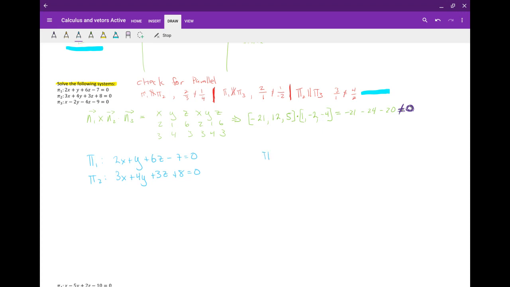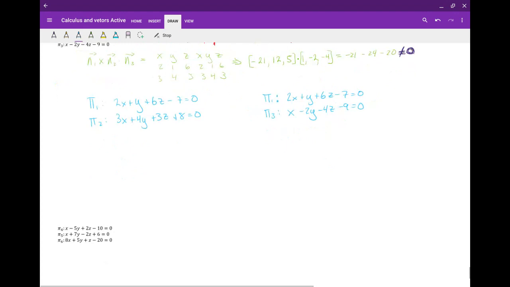Then I'm going to take plane 1 again, 2x plus y plus 6z minus 7 equals 0. And then I'm going to take plane 3, which is x minus 2y minus 4z minus 9 equals 0.